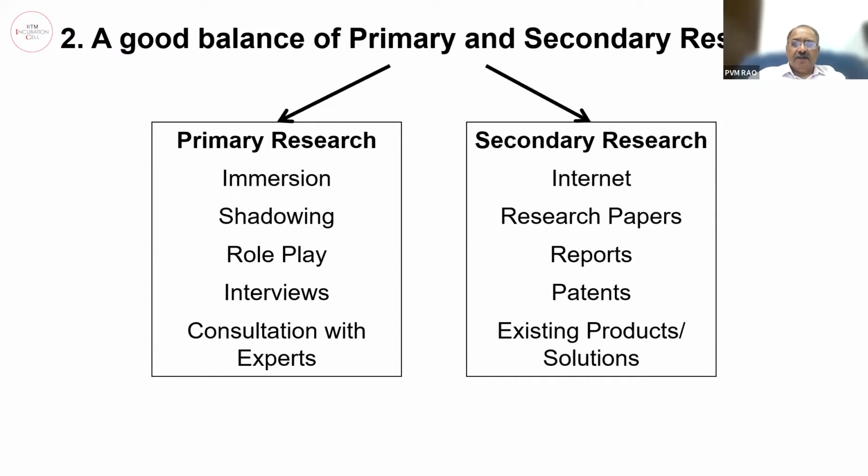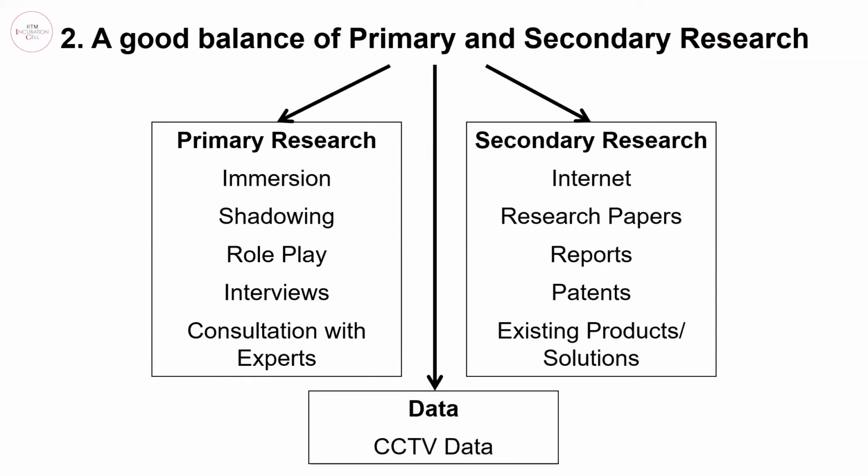Since we live in an IoT world and a lot of data is being generated, it is now very prevalent to use any type of data available to us. For example, if I have an opportunity to look at CCTV data of an elderly home for the last 3 years, that can give me valuable information.